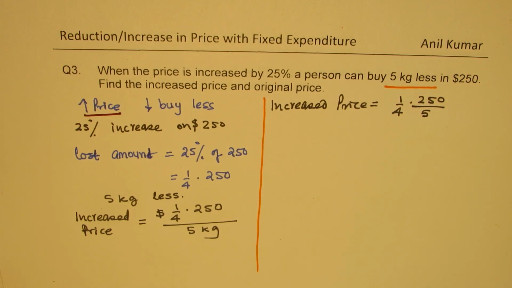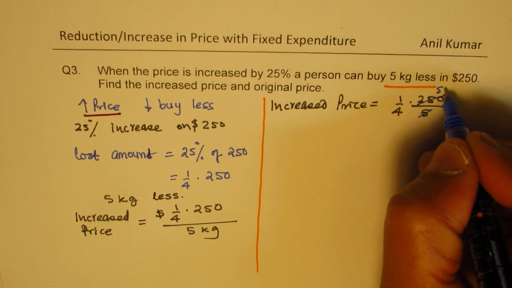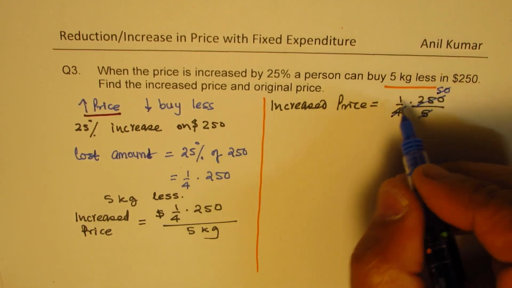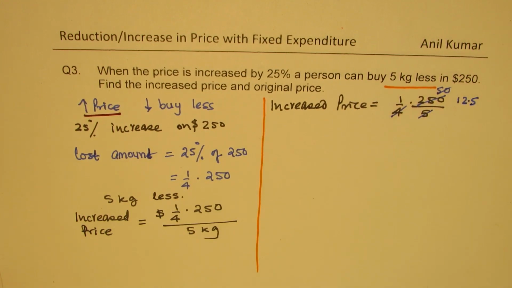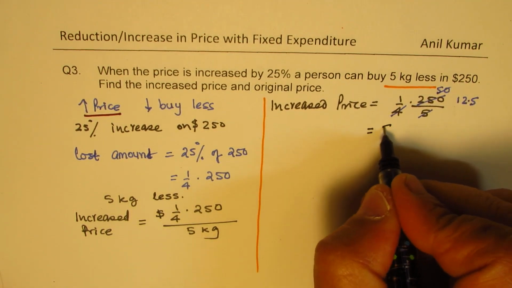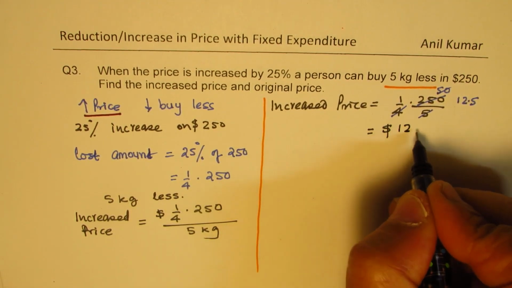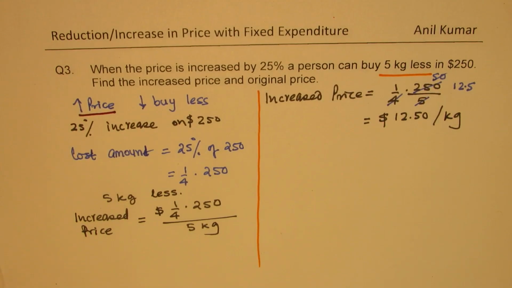Easy. So we just divide this, and we get 12.5. Correct? So that is how we are going to answer this question. So we get the increased price in dollars as $12.50 per kg. Correct? Do you see how simple it is?